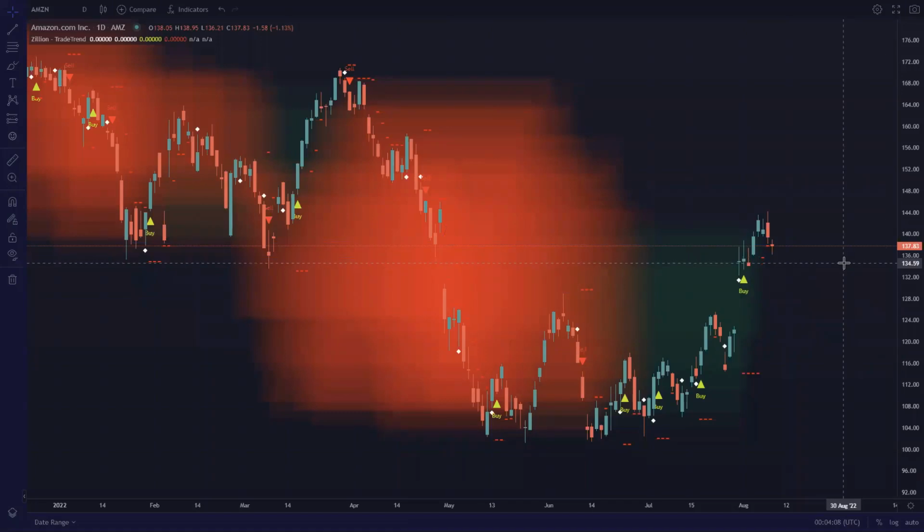Yeah, thanks for suggesting that one, Eric. Overall, more medium term, the stock is looking bullish, and as long as we're above this support level around 135, I think that is more bullish for the stock.